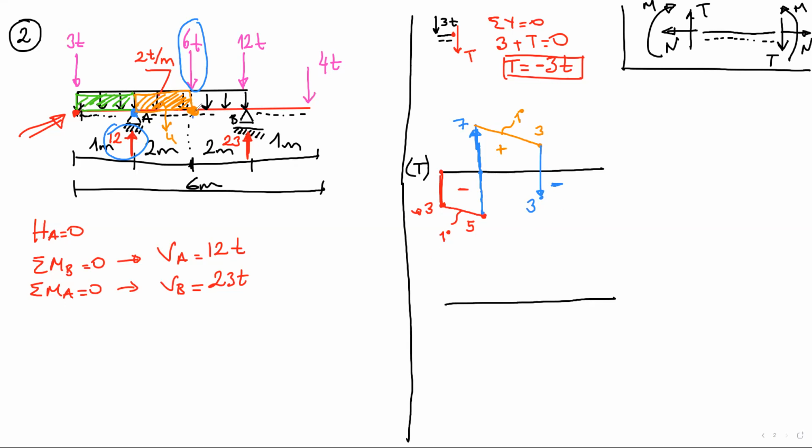So now we are at this point. We are going to go to point B. Here, there is a uniform distributed load portion. Let's calculate the total magnitude for that one. 2 times 2, again, this is 4.